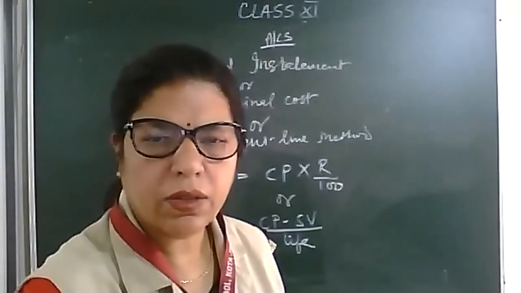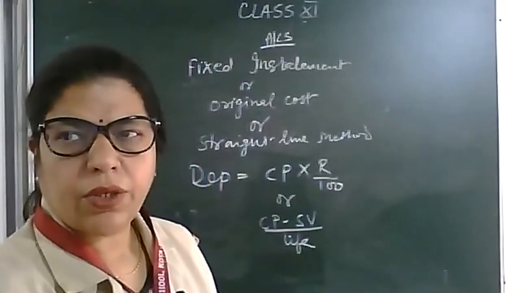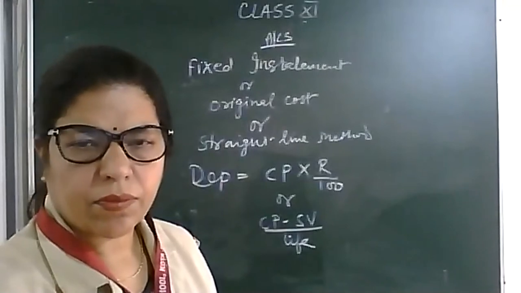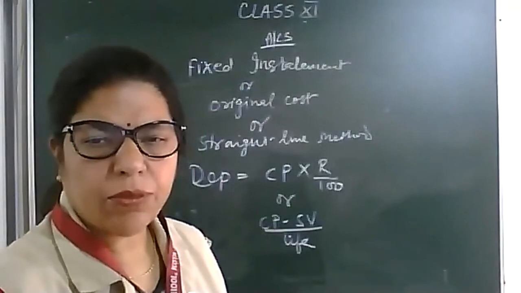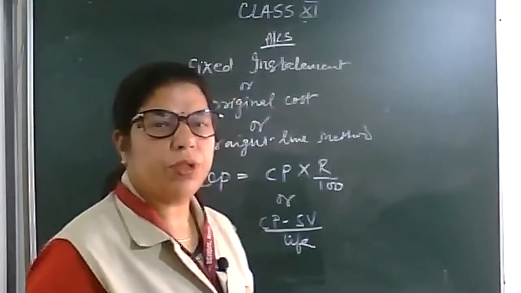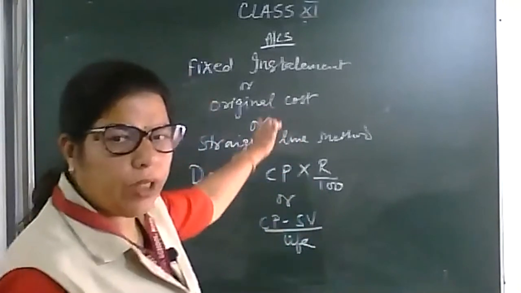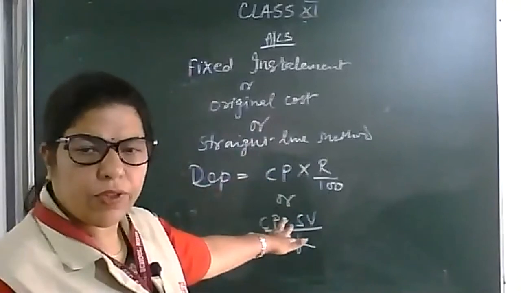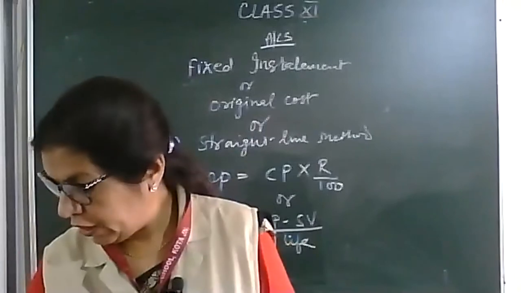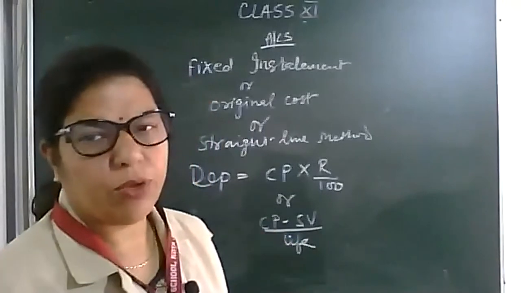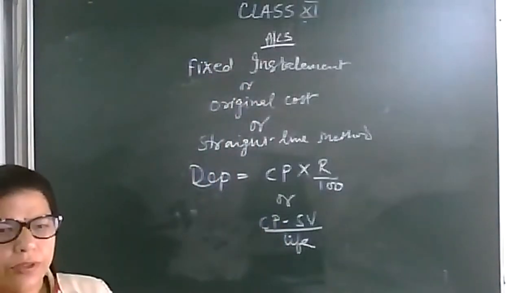First of all, note down this one. Now, I am going to tell you how to do the numericals by this method. Note down the different names. Note down the formula. Now we are using the first method. First formula I am going to explain. Note down, then I will remove it.